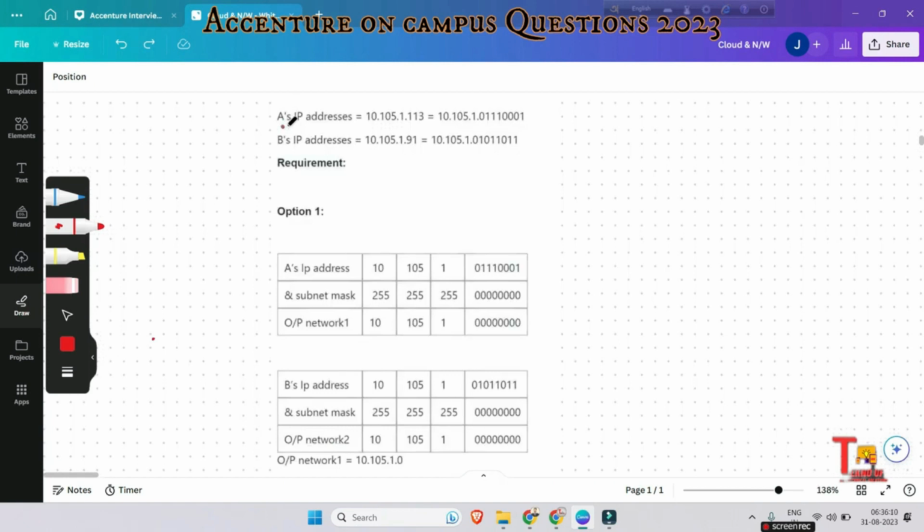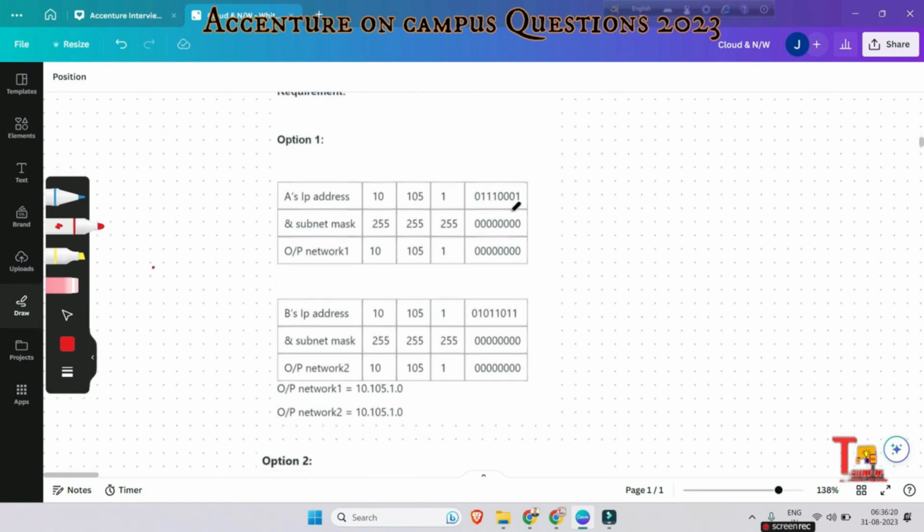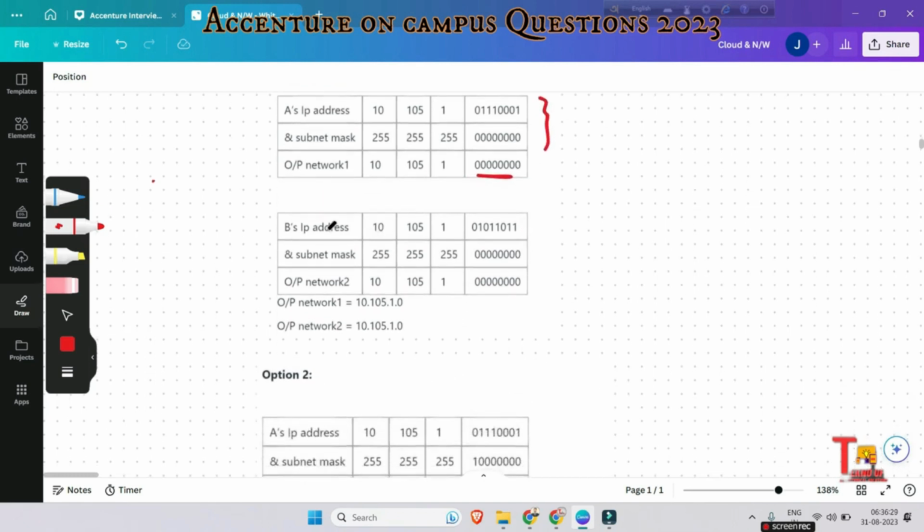So the IP address of A is this and the IP address of B is this, shown to you. The last octet is in binary form. If we do an AND operation between computer A and option 1, then we will get this. And if we do an AND operation between computer B and option 1, then we will get this.